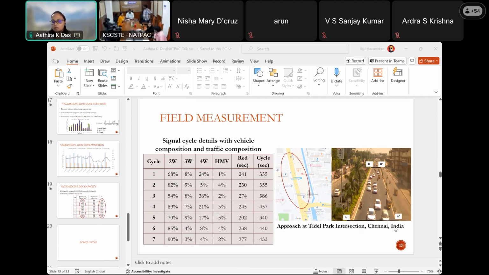If particular two-wheelers have gap filling or space seeking behavior, they come in front of the queue. According to this, the jam density and the wave speed will differ, because the queue relieving pattern will also change. So these traffic flow parameters will carry these characteristics into that link cost function.